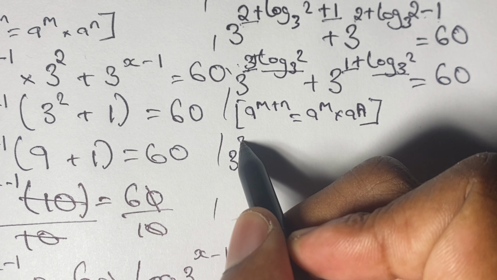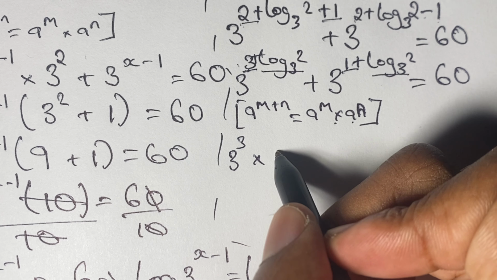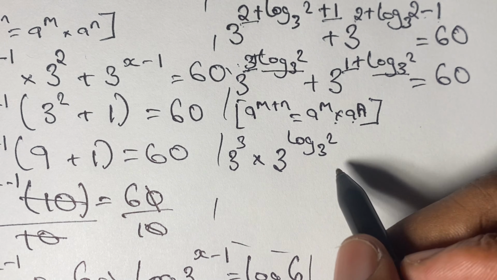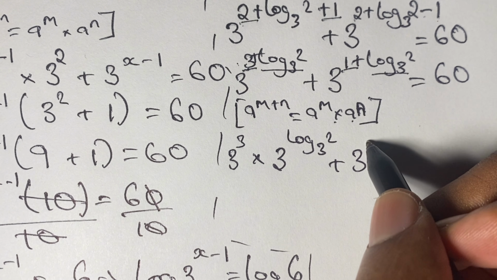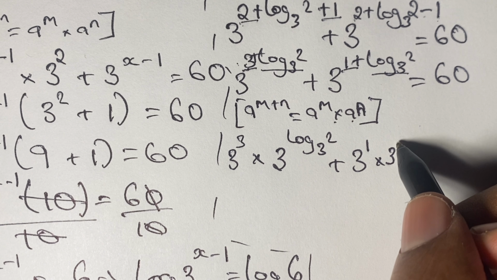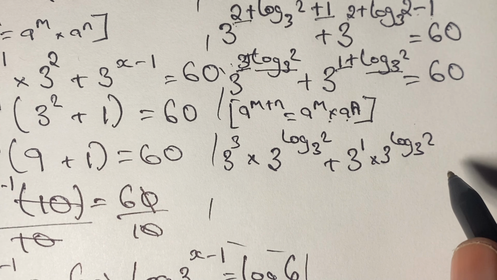So therefore from here we would have 3 to the power of 3 times 3 to the power of log base 3 of 2, as we have the same base. Then we add that to 3 to the power of 1 times 3 to the power of log base 3 of 2. We have all of that equal to 60.